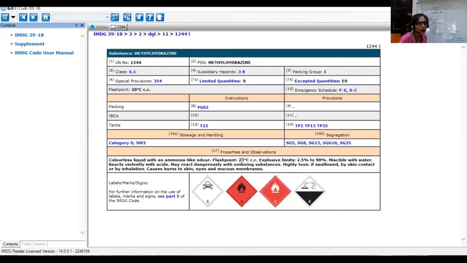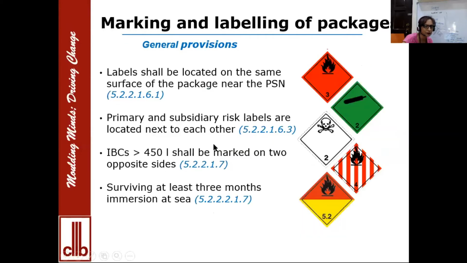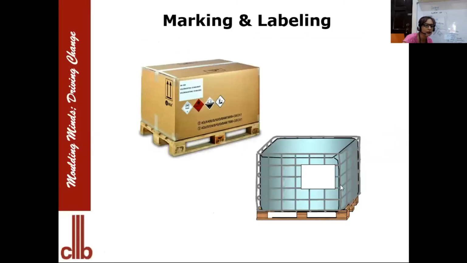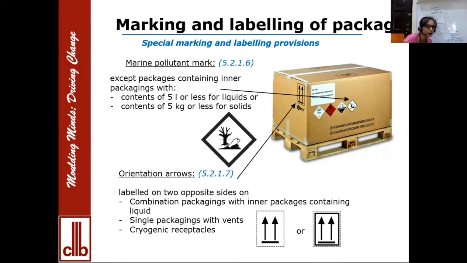The only time you do it on two sides is when you have an IBC. If it is an IBC, you will have the markings and labelings on both sides. If it is a normal package in column number 8, then you only need to do it on one side. All right, so this is very straightforward.